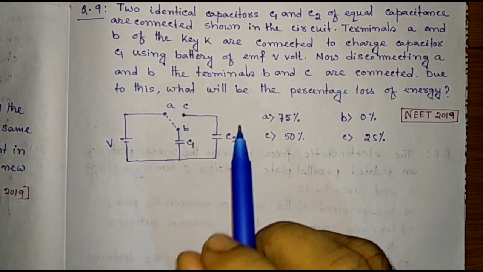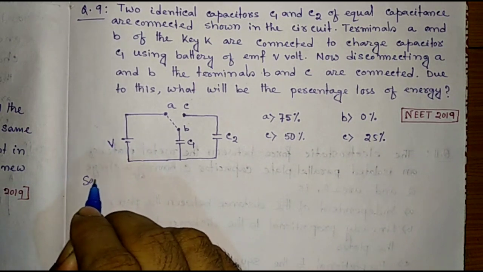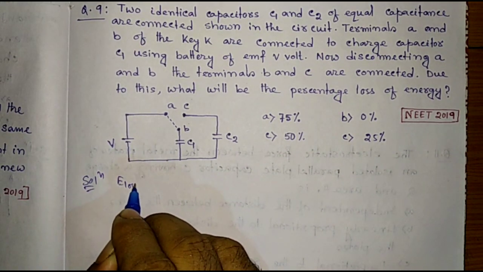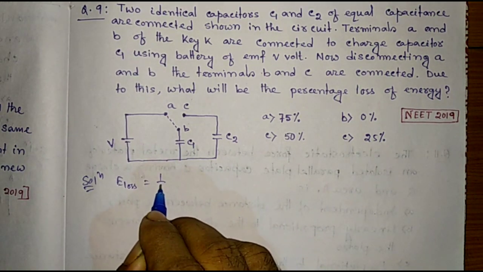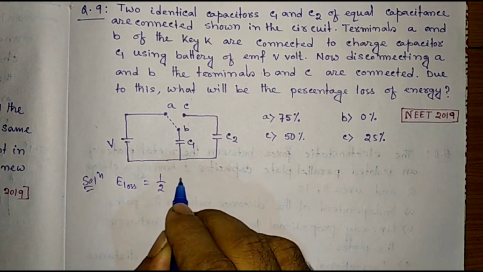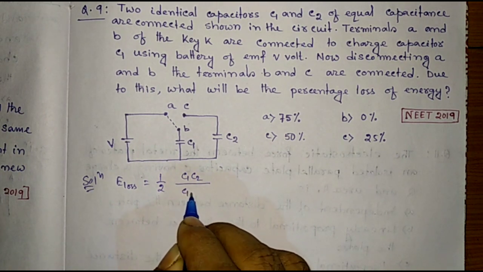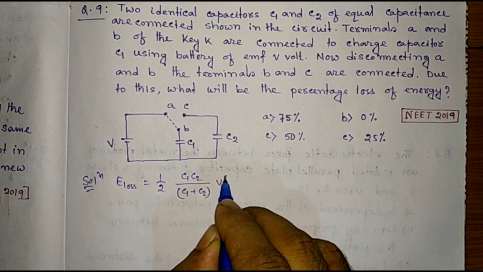We know this question was asked in NEET 2019. We know that the energy loss in that case is half C1 C2 divided by C1 plus C2 into V square.